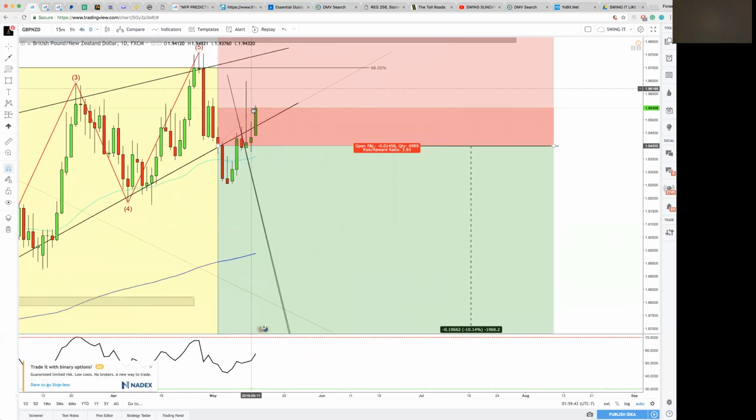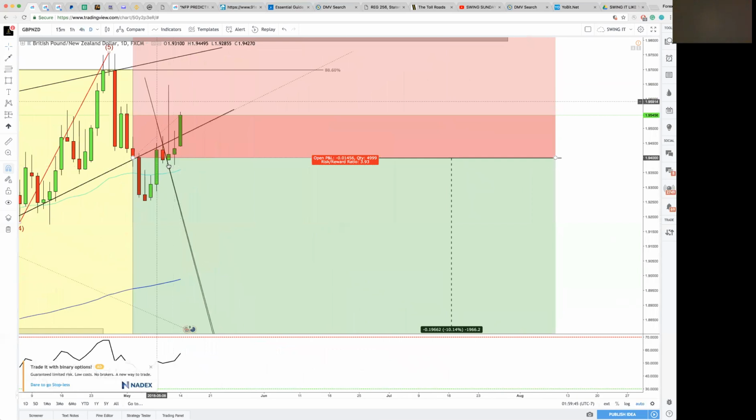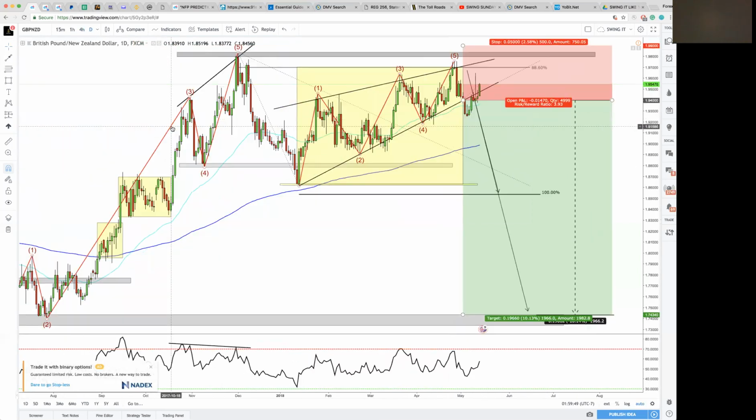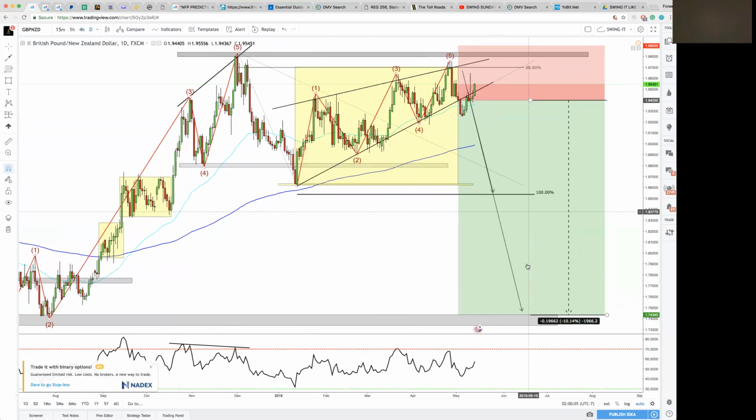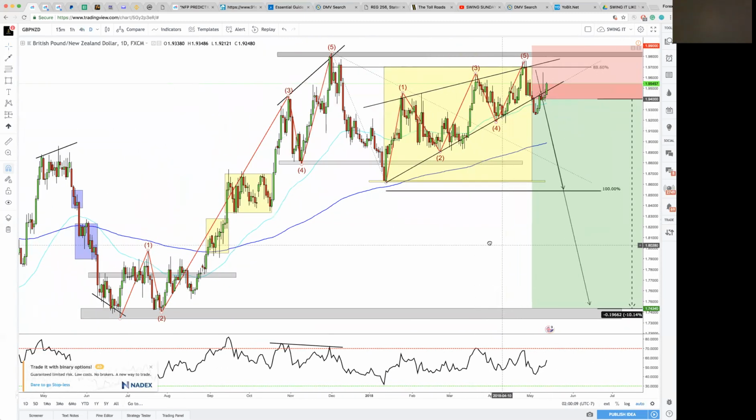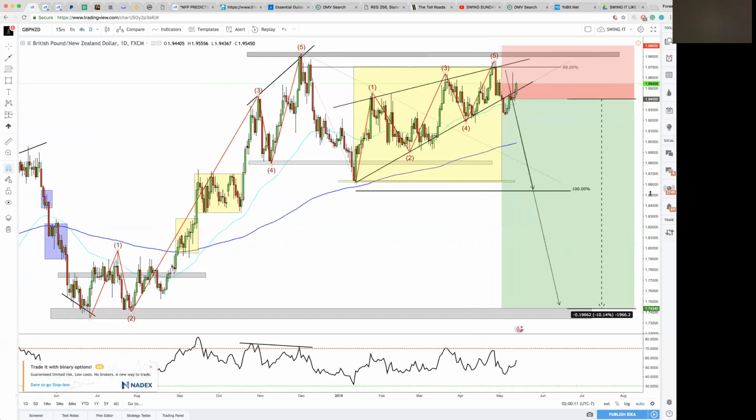You can see that was a bullish wick. So we're still going based on that as a resistance, as a trend line breakout retest. What I'm expecting is that the price will correct and then probably push down in the bearish trend and then create a level 2 here and probably a W right about the support, or maybe break below. But we have to wait and see how it really plays out.